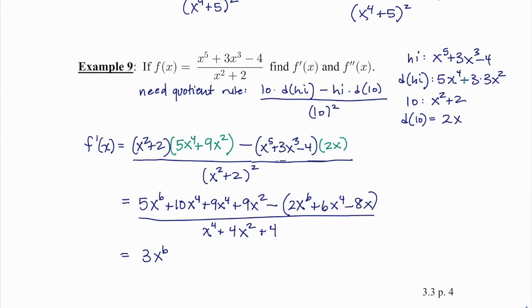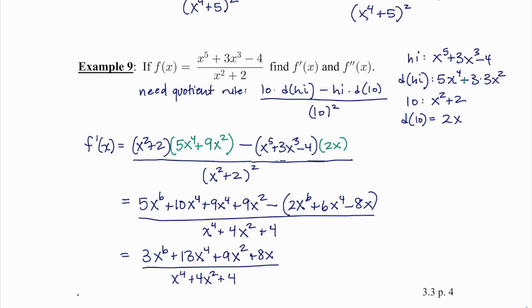So 19 minus 6, that's 13x to the 4th. And I have plus 9x squared, and it looks like plus 8x. And the denominator, again, I'll just rewrite x to the 4th plus 4x squared plus 4.